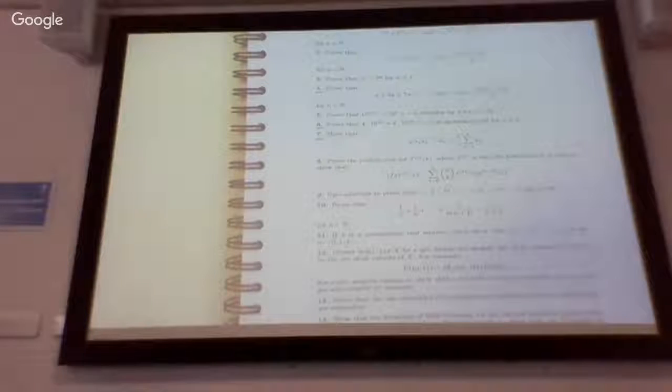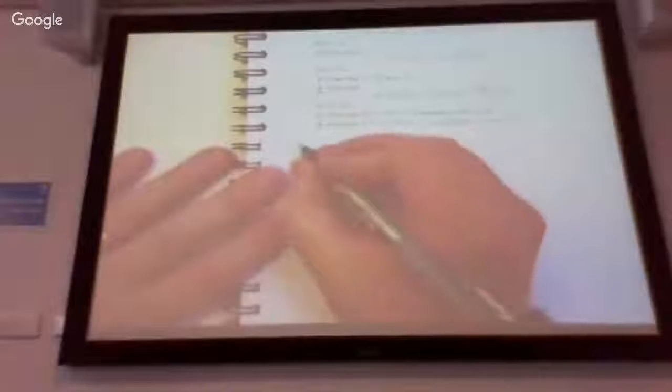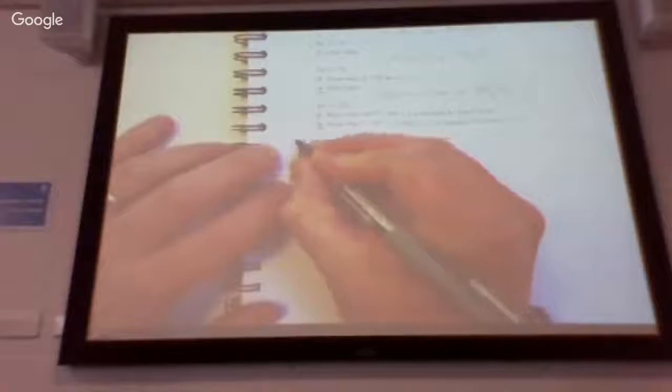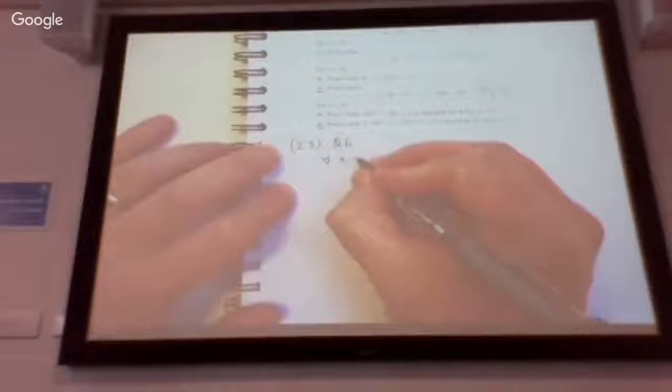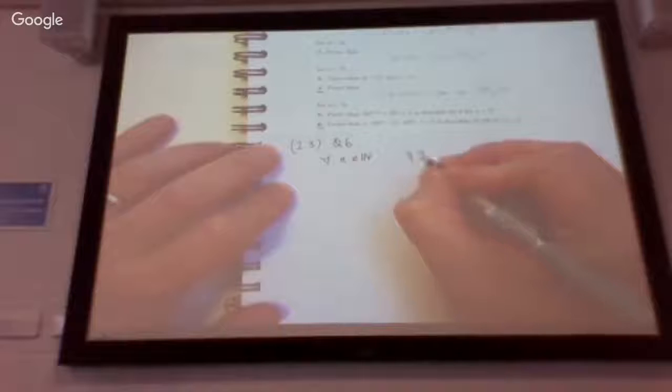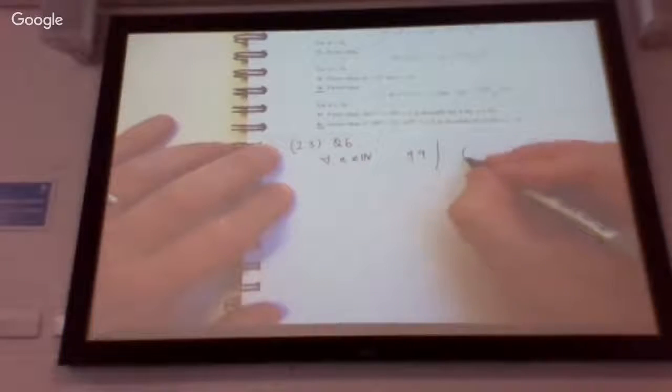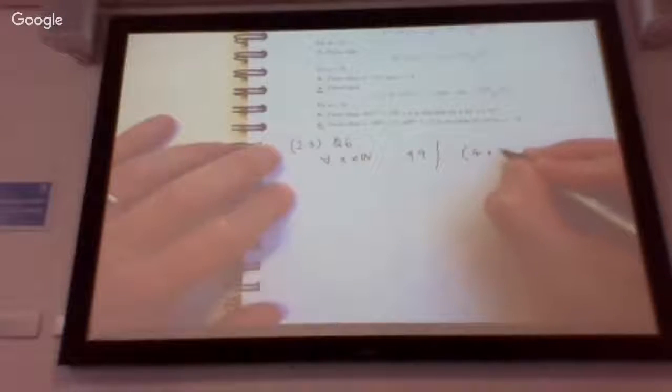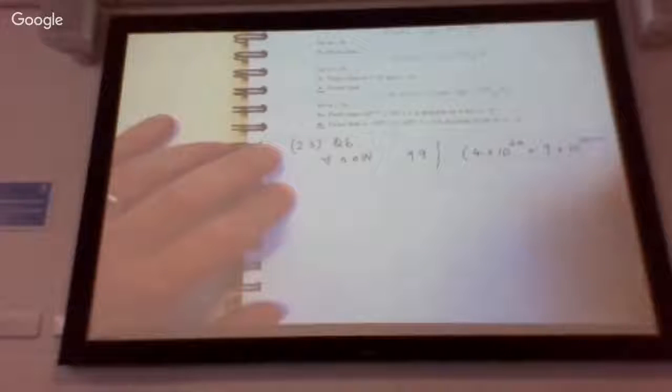Proof by induction will occur in a few places in our study of groups. So what we're trying to prove here is, section 2.3, question 6: for every natural number n, we want to show that 99 divides this large quantity, 4 times 10 to the power 2n plus 9 times 10 to the power 2n minus 1, plus 5.